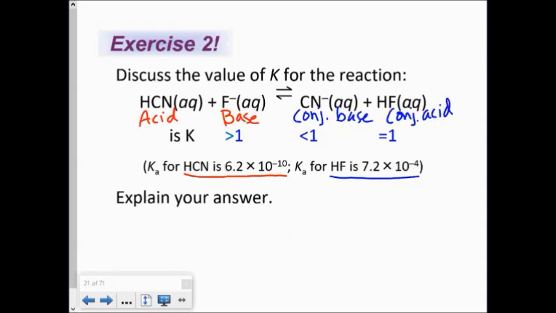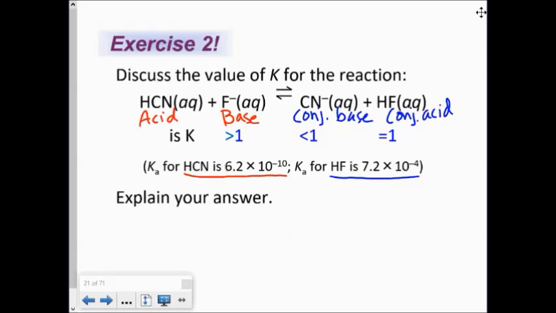Now, looking at our values, HF is 10 to the minus 4 and HCN is 10 to the minus 10. Out of those two, which one is the stronger acid? HF is definitely going to be the stronger one.